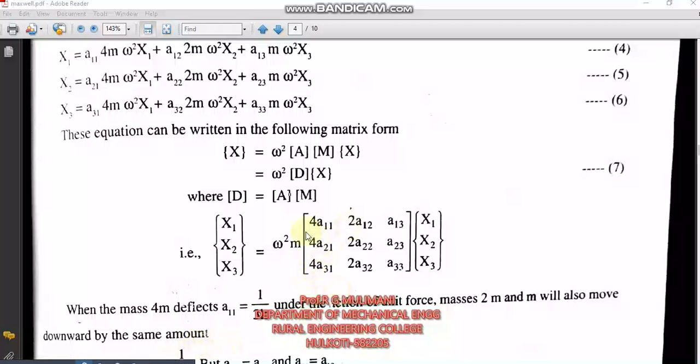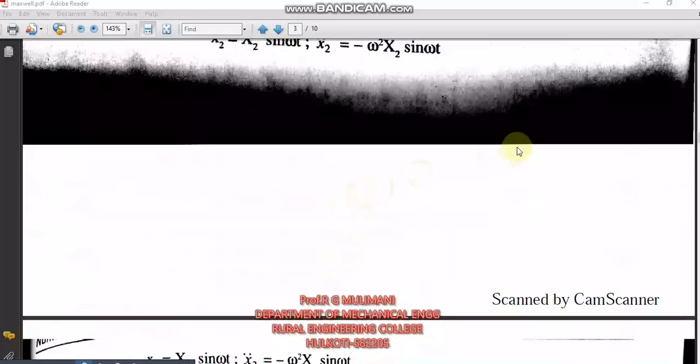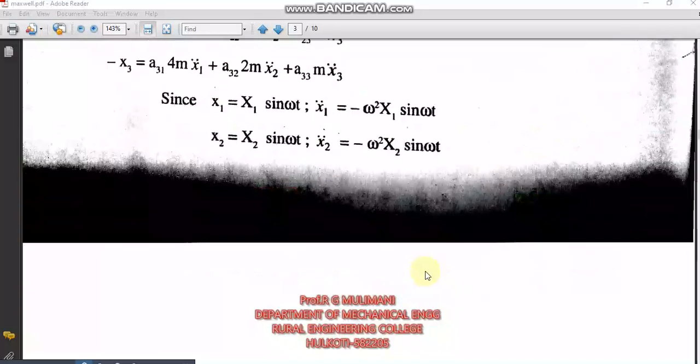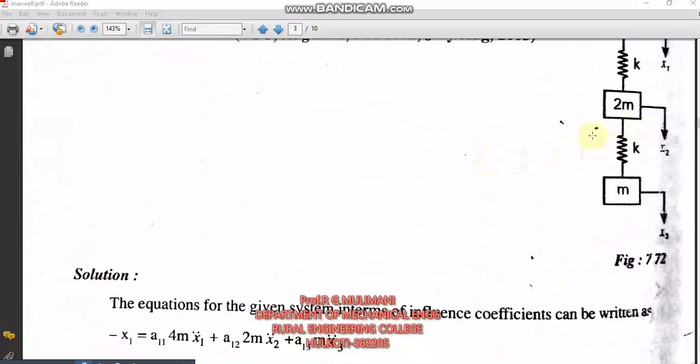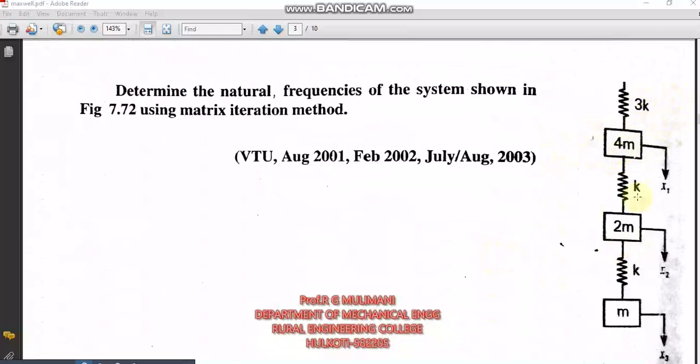Now for the given system, it is a 3-degree freedom system. Now you need to substitute all these influence coefficients: a11, a12, a13, a21, a22, a23, a31, a32, a33. What is a11? When the mass 1 is pulled, the displacement of mass 1, mass 2 and mass 3 is the same.